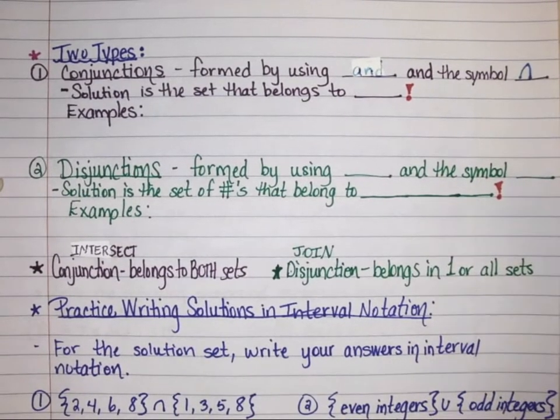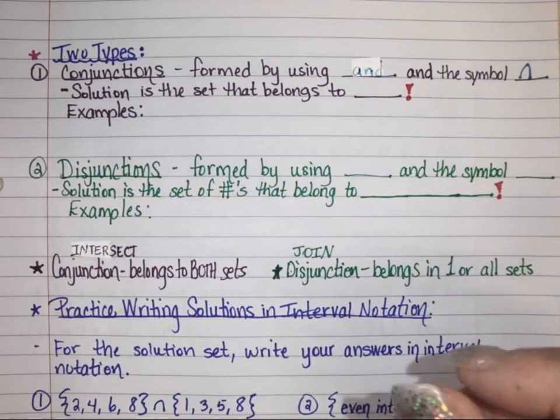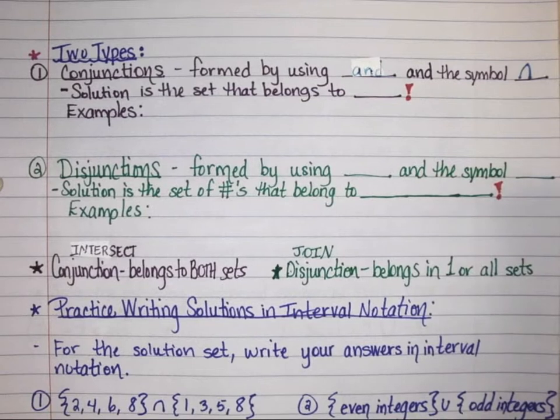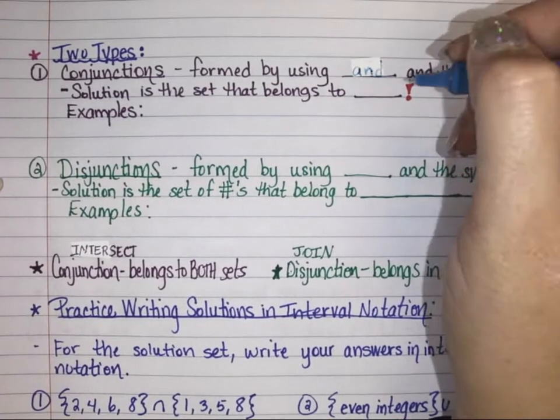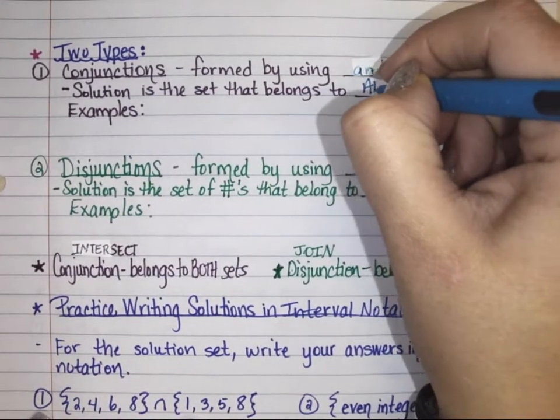How you determine solutions to conjunctions is you look at the set of numbers that belongs to all solution sets you're discussing. So it will belong to all of them. The solution is a set that belongs to all.